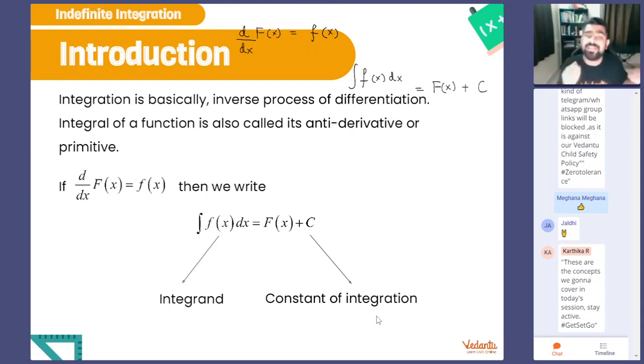This is the format to write an integral. An integral of a function always comes with dx, because x is the variable here, and that is equal to capital F of x plus c.